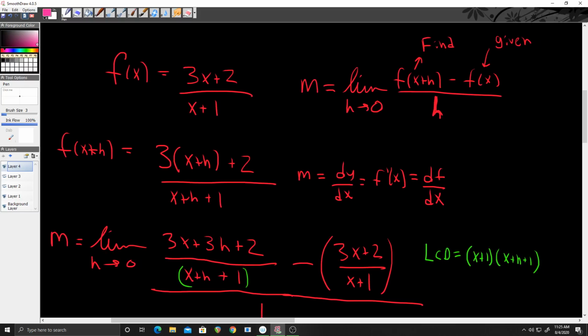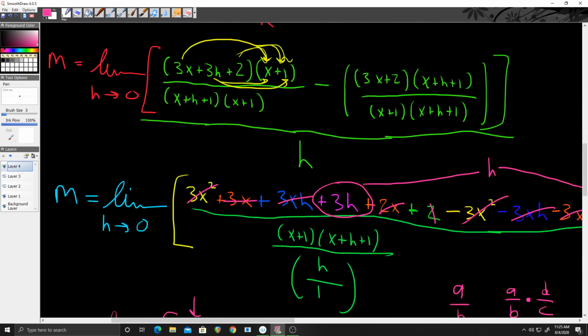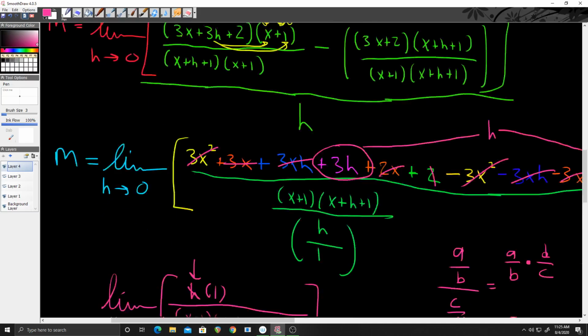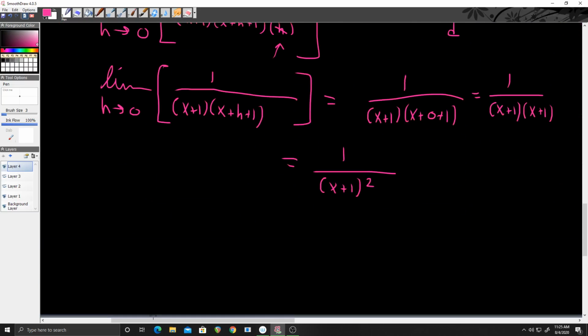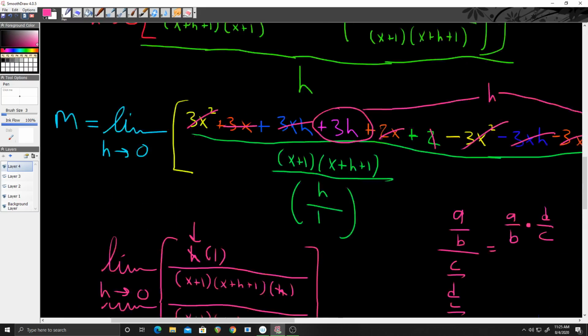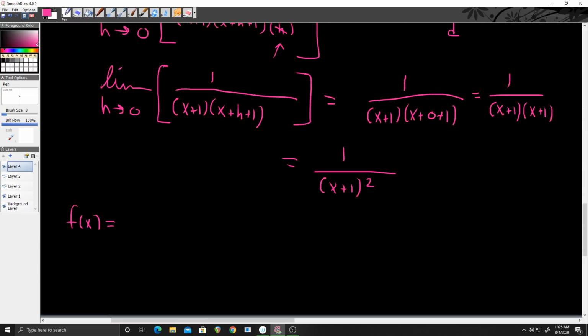And very quickly, I'm just going to check myself here and make sure that that's right. So f of x, woo, I used a lot of space. f of x was 3x plus 2 over x plus 1. And there's a rule we're going to learn later called the quotient rule.